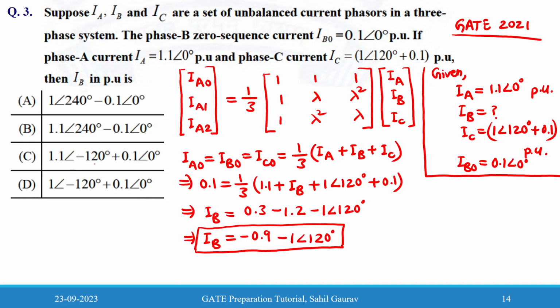So we are getting 1 at the angle of 120 degree, and we have to manipulate it to get 240 degree. So what can we do? We can add plus 1 and minus 1.